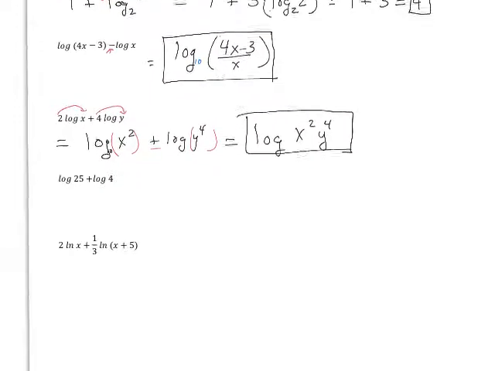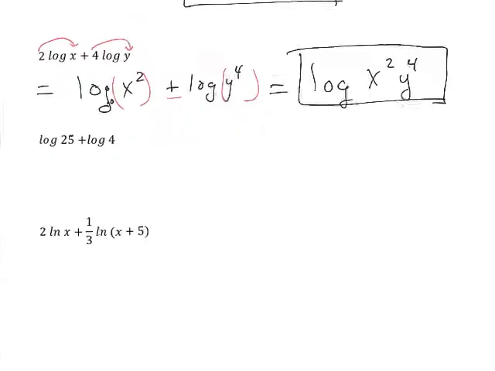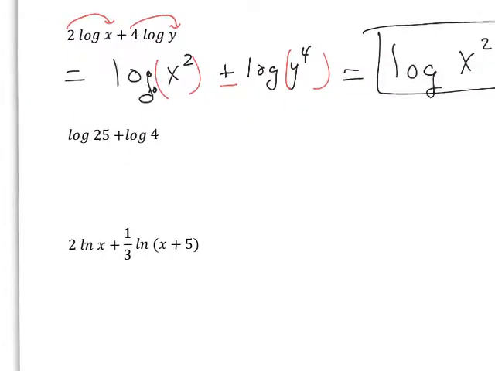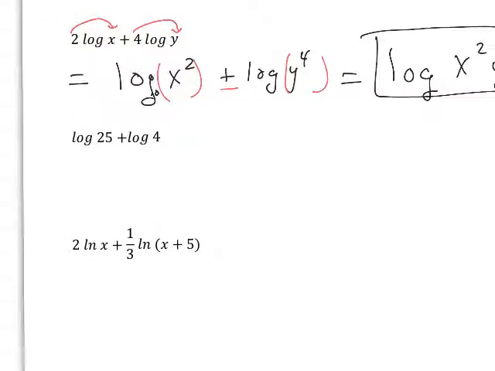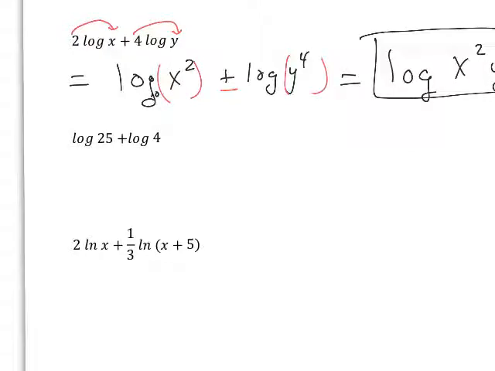All right, let's go ahead and look at these last two questions that I have here. So again, this is multiplication. The addition sign tells me to multiply the two arguments inside the log together. So that gives me log, again this is understood to be base 10, of 4 times 25.